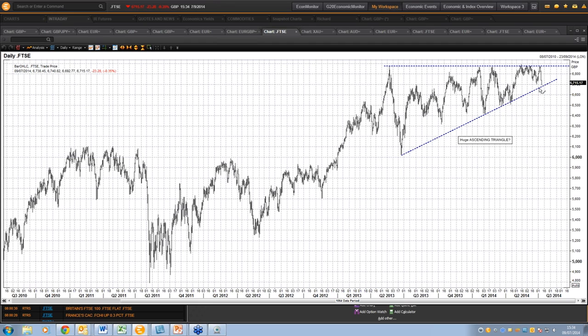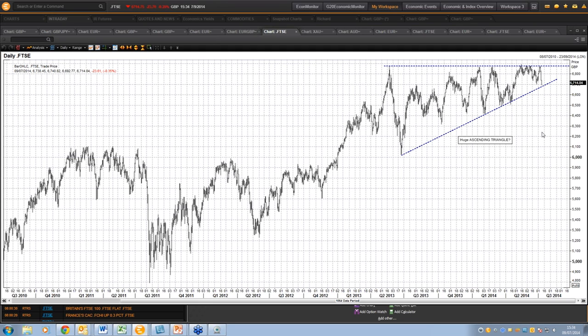Certainly you need Footsie to form support around this uptrend, which links all the higher lows, and then you'd probably be looking for a breakout around about the next time it tried it.